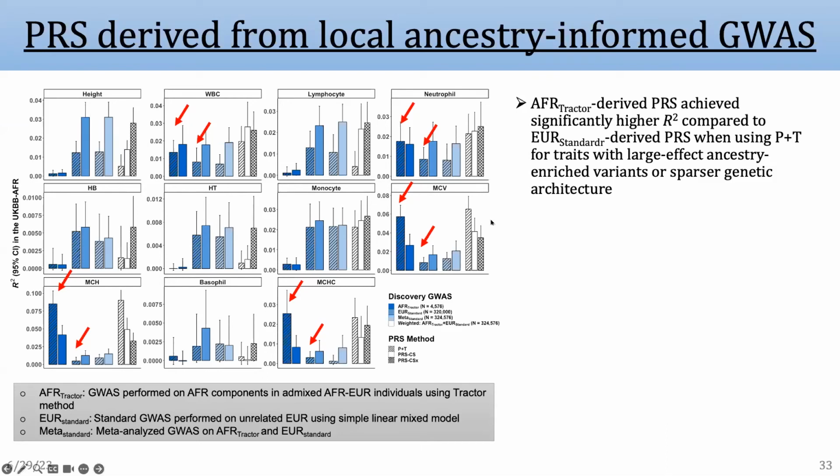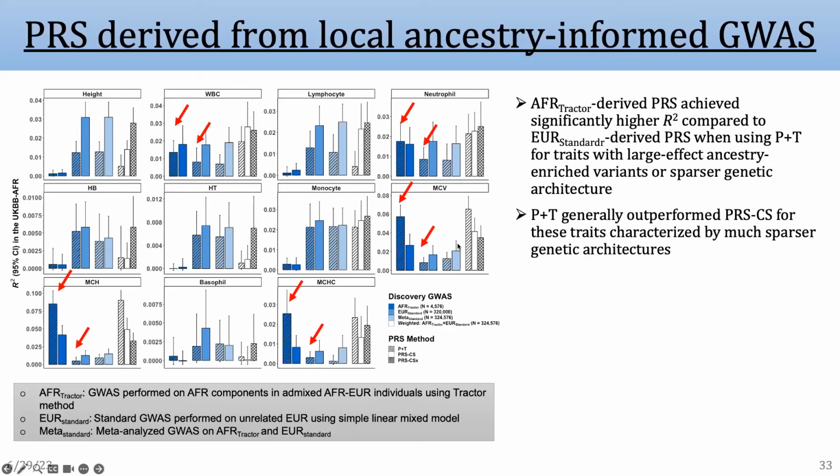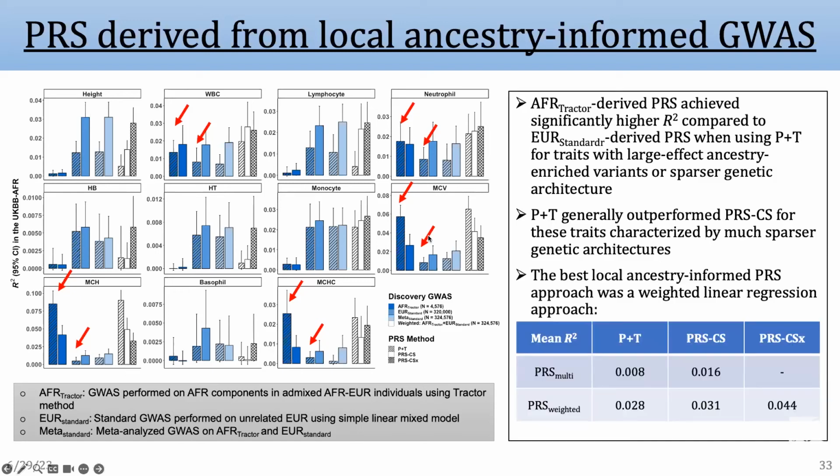So for those 3 traits which are less polygenic, consistent with our previous findings, P plus T actually performed better than the more advanced PRCS method. And also for those 5 traits, we found the best approach for the local ancestry informed PRS is through weighted linear combination instead of the meta-analyzed multi-ancestry strategy. So this is also consistent with our previous findings.